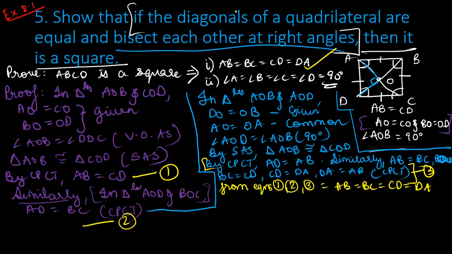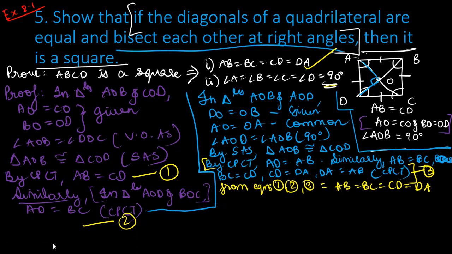Now we need to prove that each of the angles is equal too. So let's see how to do that. Now see, if I have to prove that angle A is equal to angle B is equal to angle C is equal to angle D, which is equal to 90 degrees, for that, I'm going to take two triangles with me.